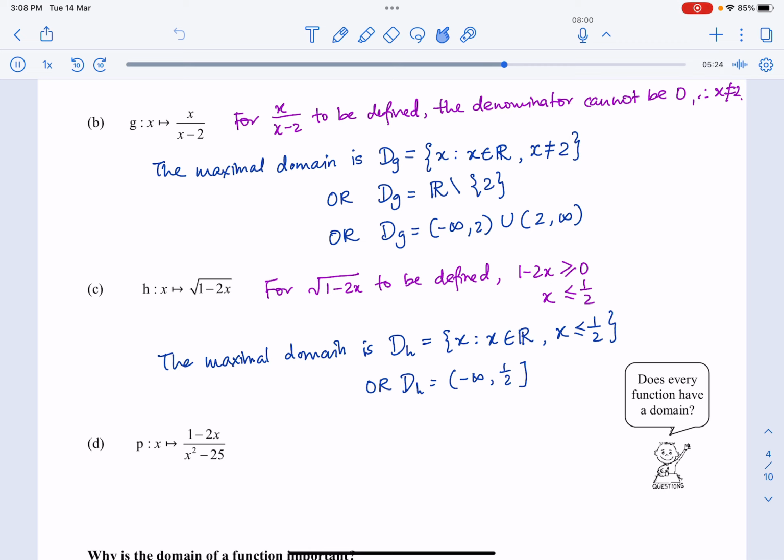Okay, for the last part, similar to part B, for the function P to be well defined, the denominator cannot be 0.